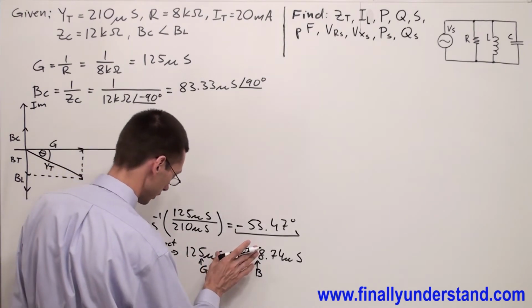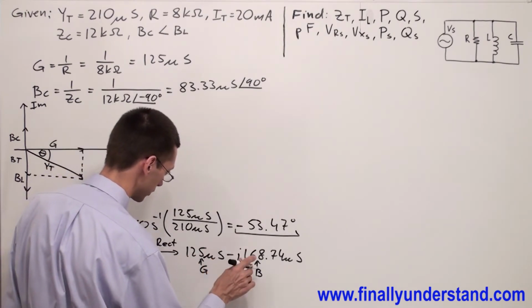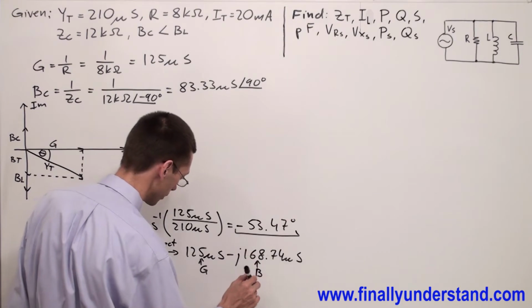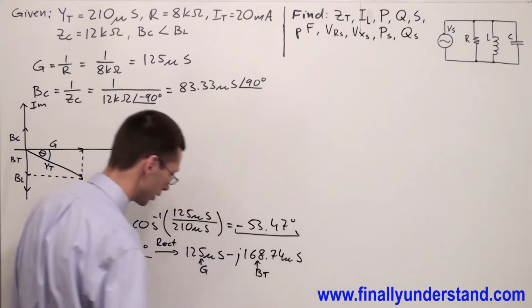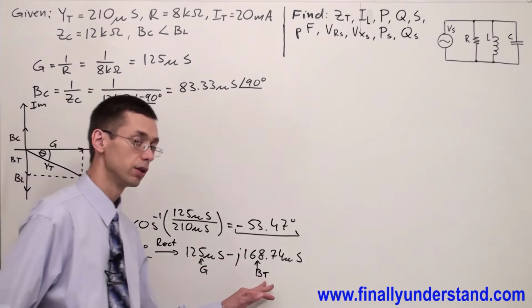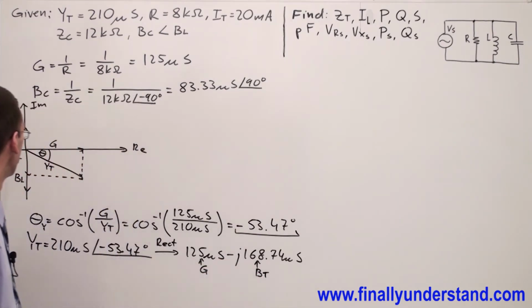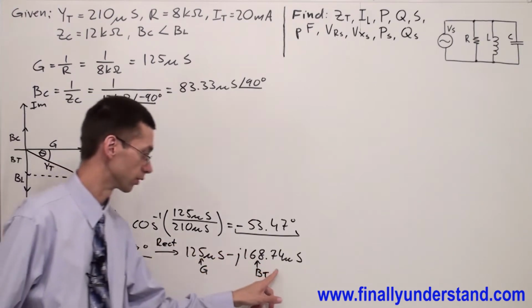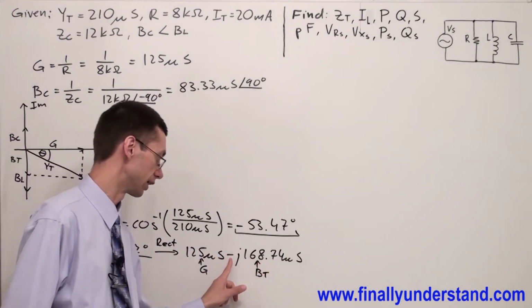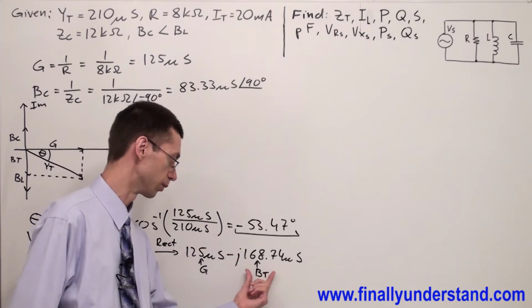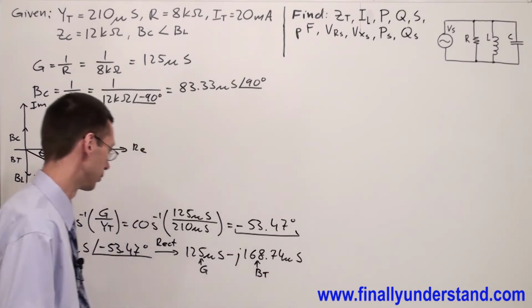But it's inductive because I have a negative sign, but we're supposed to call this at this moment B total, okay? This is the combination of the capacitive susceptance and inductive susceptance. So this is B total over here, okay? Of course, this is inductive susceptance because I have a negative sign, but this is at this moment the combination. Okay, this is my BT.